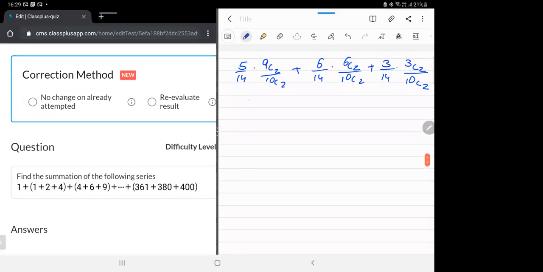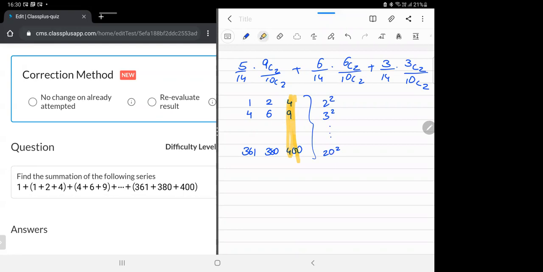Focus on this: 1, 2, 4. Next is 4, 6, 9. And so on it goes till it reaches 361, 380, and 400. So if you look at this particular thing, this is basically 2 square, 3 square, and so on till 20 square.